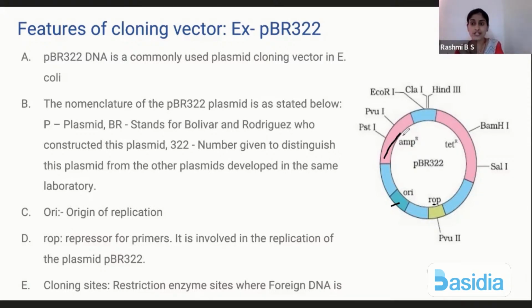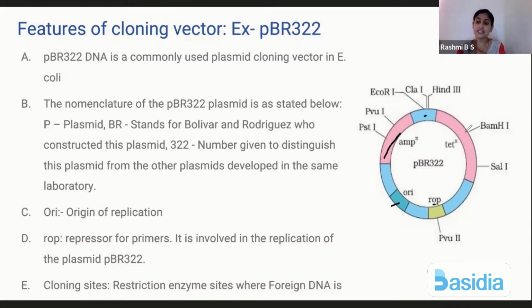In your foreign DNA, say for example, if I'm taking insulin, among these restriction enzymes, which restriction recognition site is available in it? Considering that, I need to choose the cloning site here. If my foreign DNA has a recognition site for EcoRI, then I'll choose this site here.